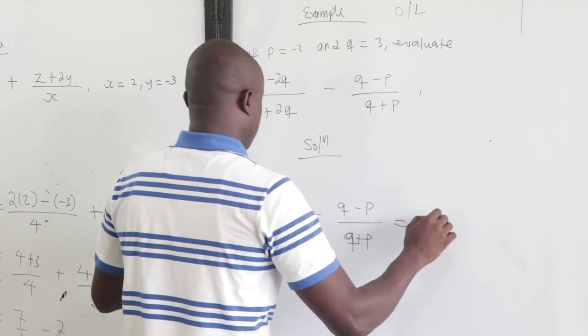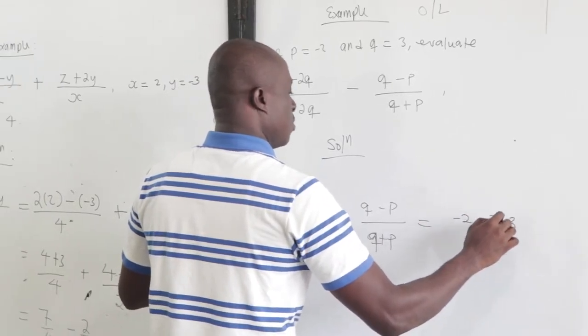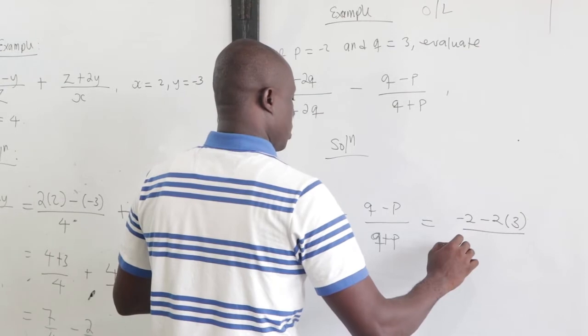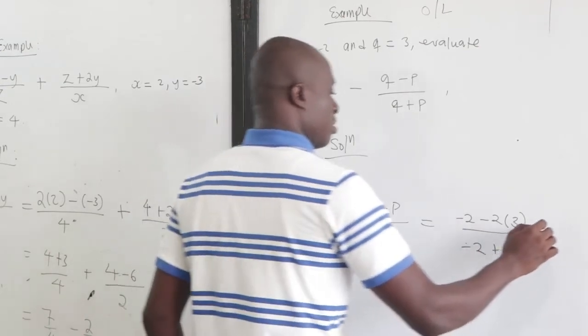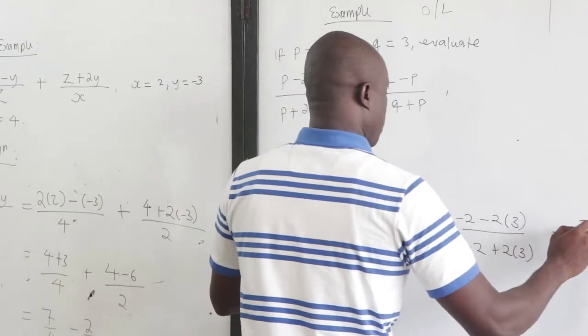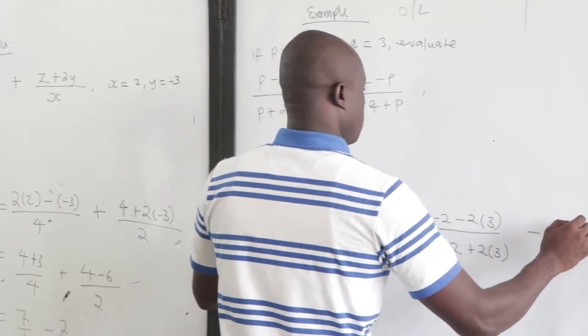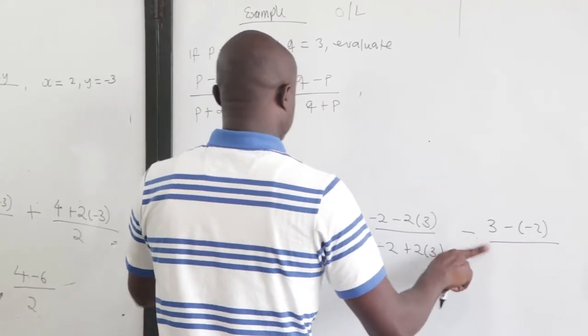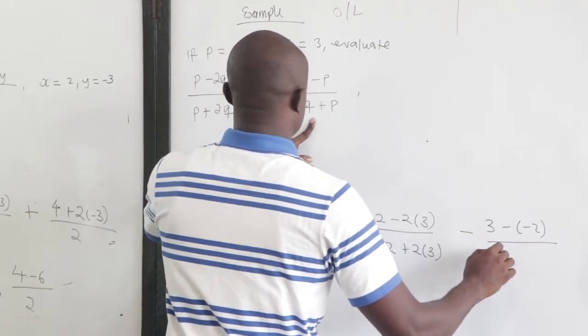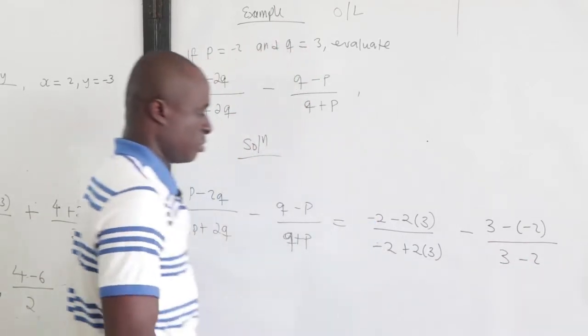P, that is negative 2. Our Q is 3. P is negative 2 plus 2Q is 3. Minus Q, we have 3. Minus P, that's negative 2. All over Q plus P. 3 minus 2.